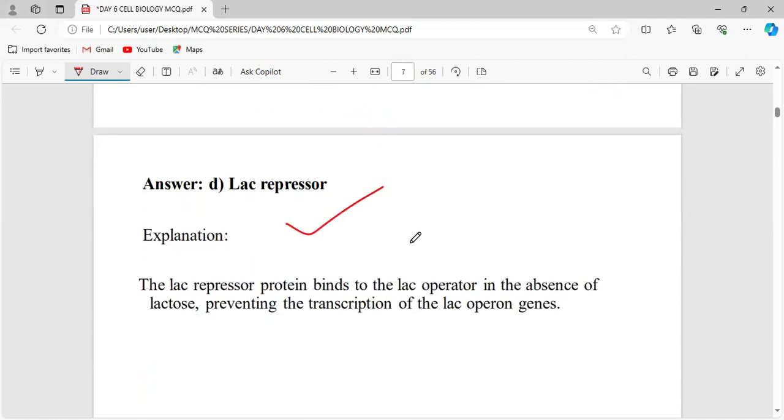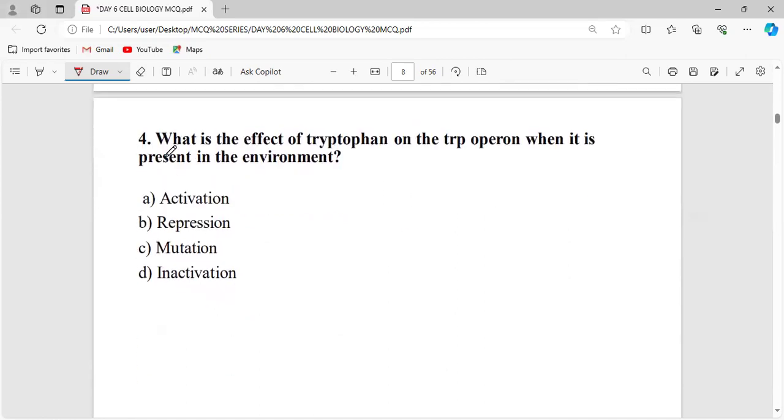Obviously, the repressor is the one that has to bind with the operator, and if it binds to the operator, the operator does not allow the RNA polymerase to move along to the structural gene. Okay, so obviously this lac repressor will be the answer.